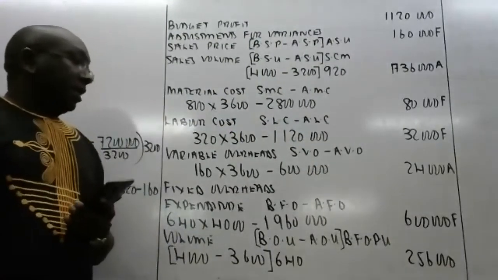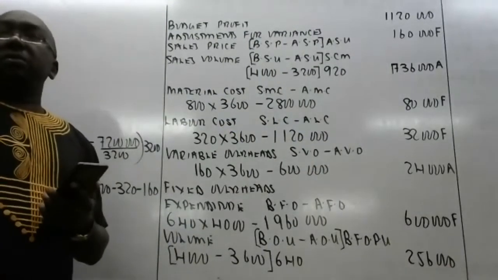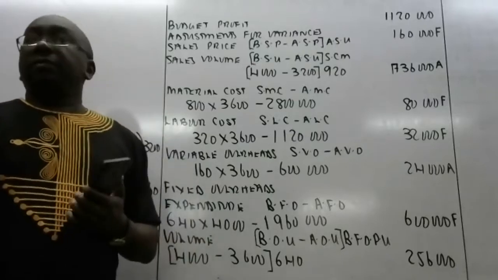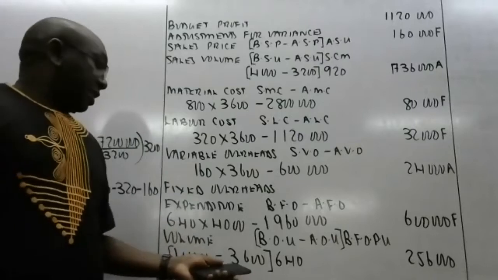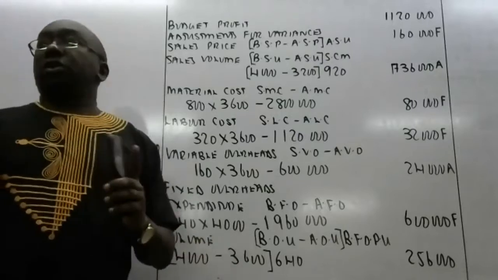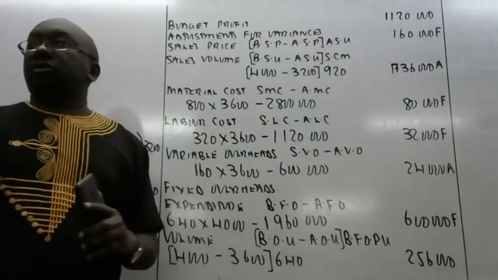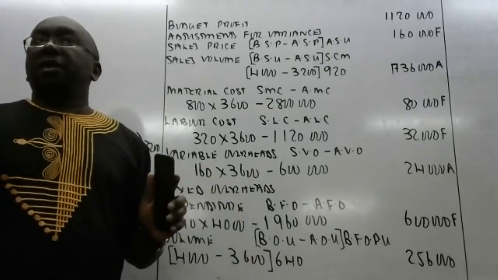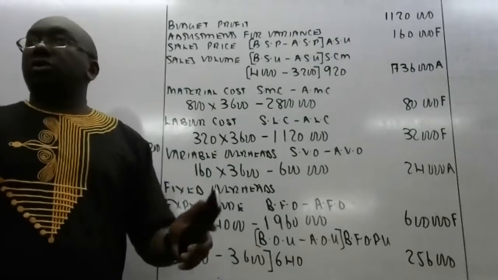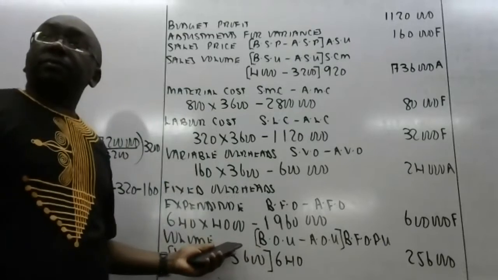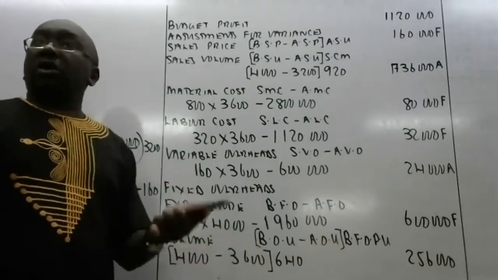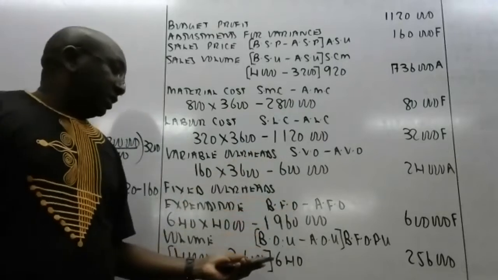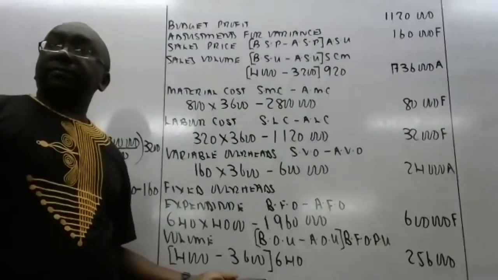Now, there are two issues here. The first issue is this volume, you only bring it to the reconciliation statement kama kuna stock, kama kuna closing stock, ama opening stock. If everything that was produced was sold, you don't compute this one. The second thing is, when we are in normal operations, this one is interpreted as advance.